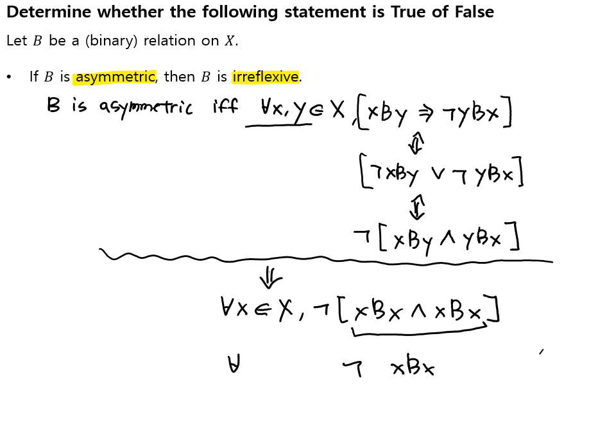So the statement implies that for all elements x in X, x is not related to x, which is the same thing as saying that B is irreflexive. So the implication here is going to be true.